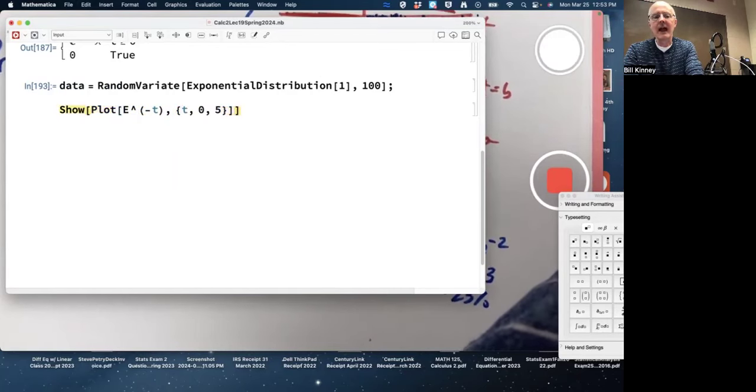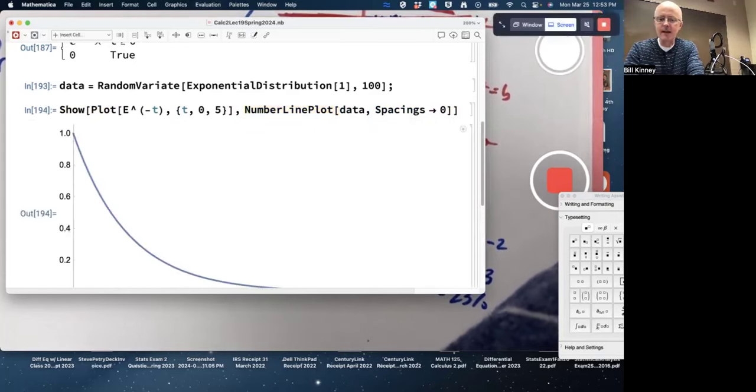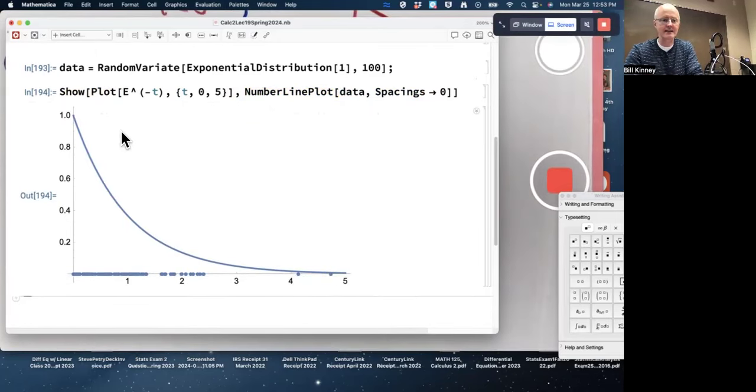If I plot that along with NumberLinePlot of data, and I think there's an extra thing I need to do here to make the spacings 0, to make these data points be on the horizontal axis, then we get a graph like this showing the density function and showing the data. Definitely denser where the PDF is higher and less dense where it's lower.